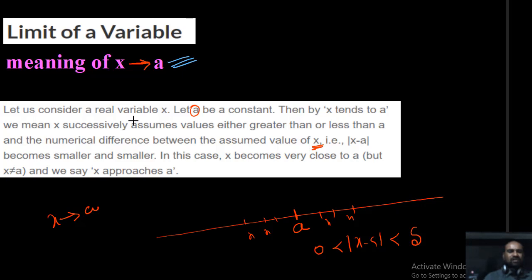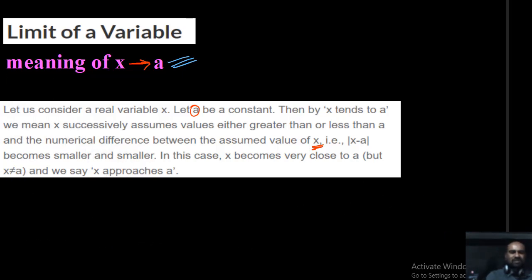In other words, if you open this modulus, I will write again students, listen. What I explained, 0 less than mod of x minus a less than some delta. What is delta? A small positive real quantity. Then I can say that x is approaching a. If you open this, what will you get?